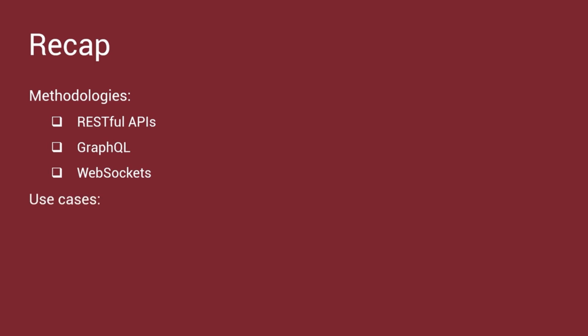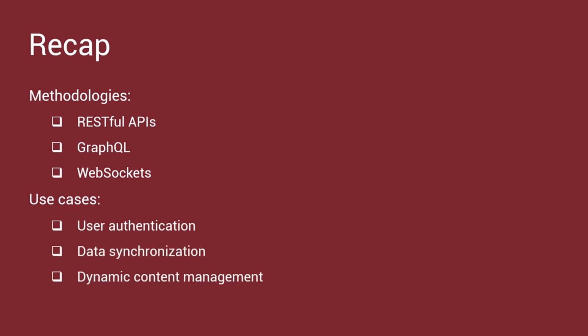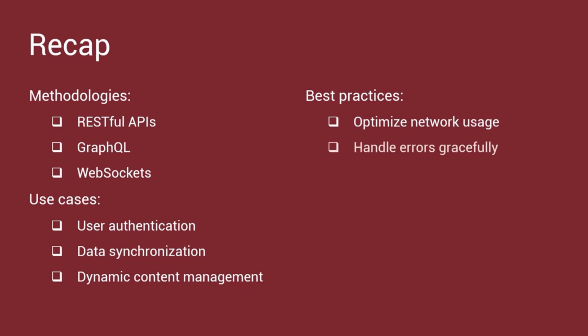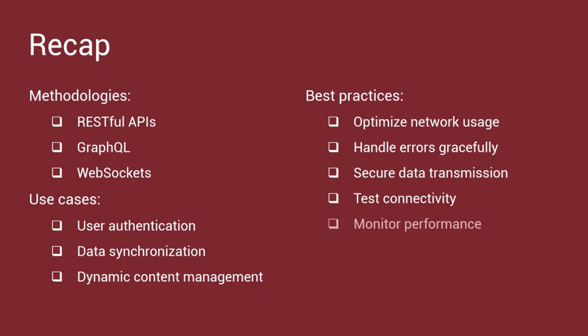Real-world use cases, including user authentication, data synchronization, and dynamic content management, demonstrate how these methods enhance app functionality and user experience. The 5 best practices focus on optimizing network usage, handling errors gracefully, securing data transmission, testing connectivity, and monitoring performance to create smooth and reliable app experiences.